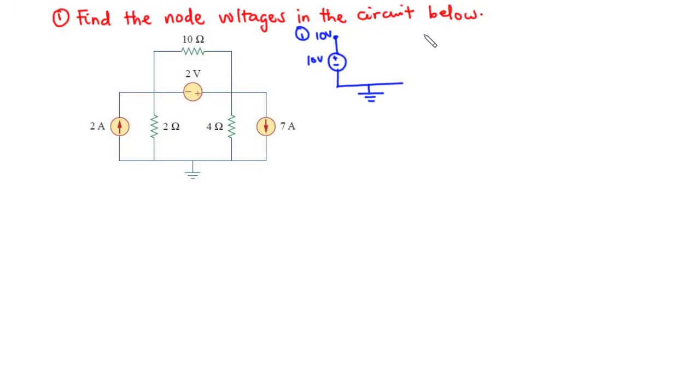Now the second case is if there exists a voltage source, whether dependent or independent, in between two non-reference nodes, then the two non-reference nodes form what we call a generalized node or a supernode.